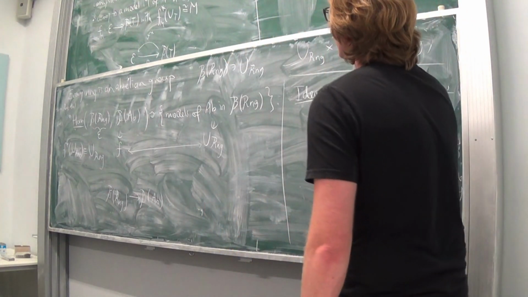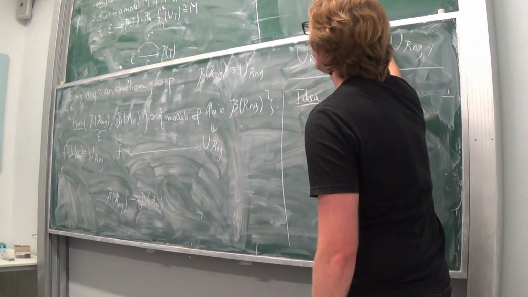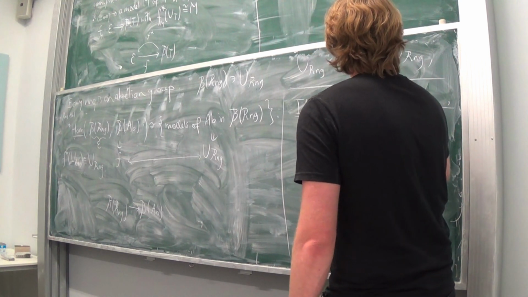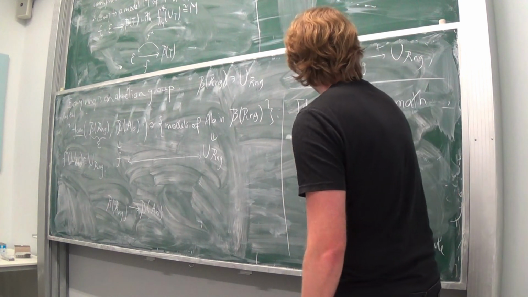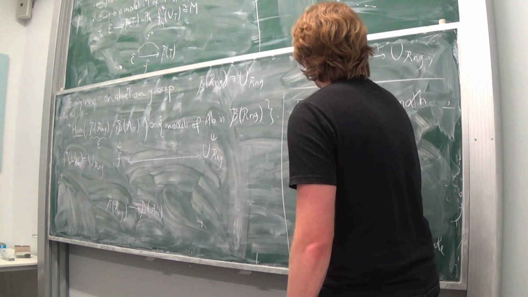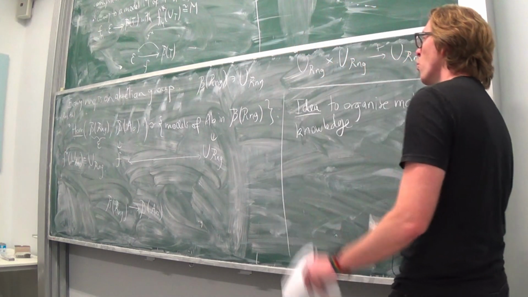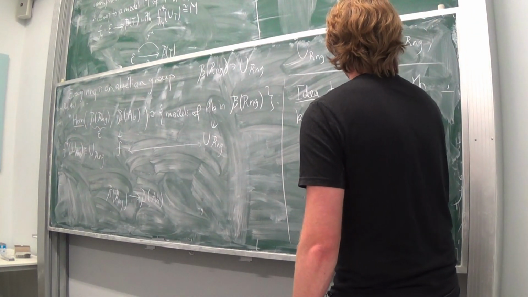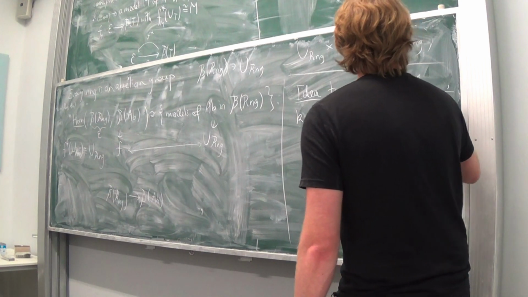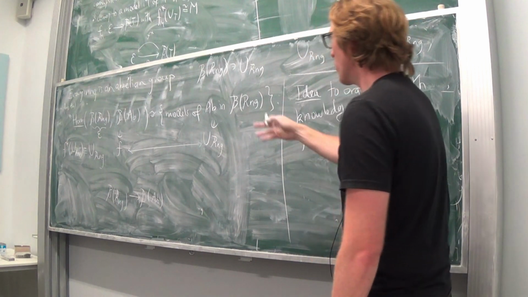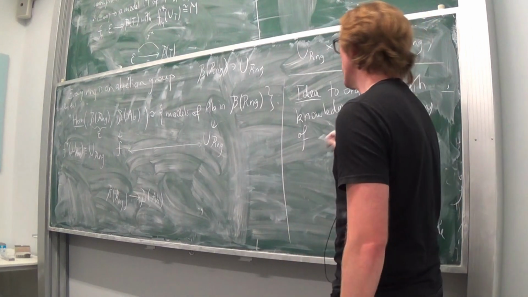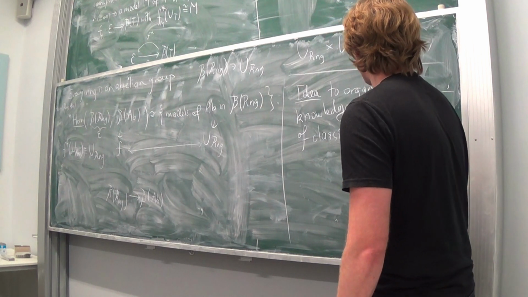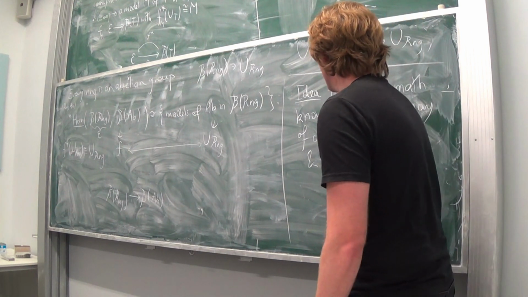Okay, so the punchline then is the following idea, coming back to the original question. The idea is to take as the way of organizing mathematical knowledge this category of theories and morphisms, but really what we're doing is classifying topoi and geometric morphisms.